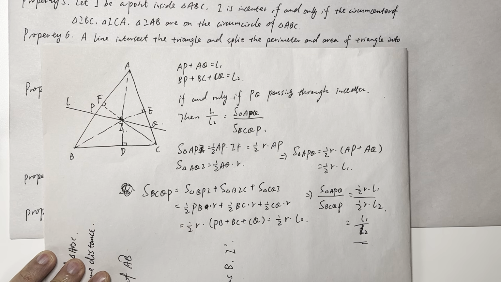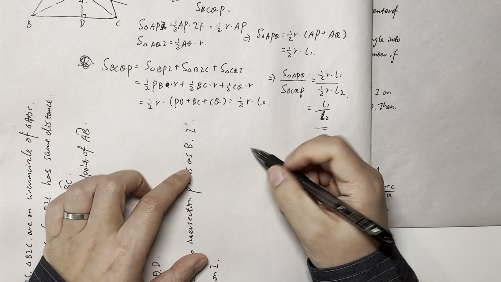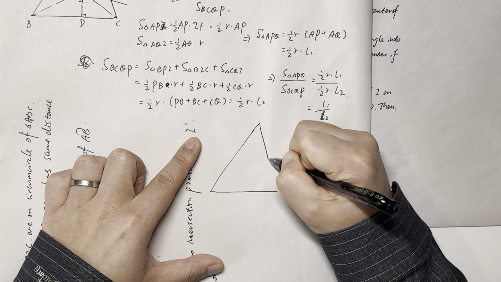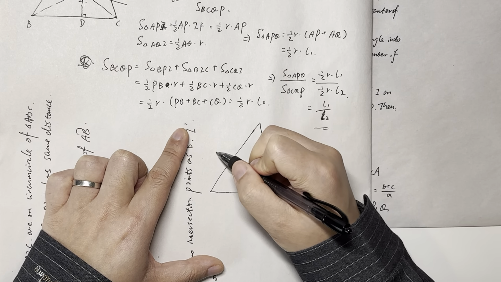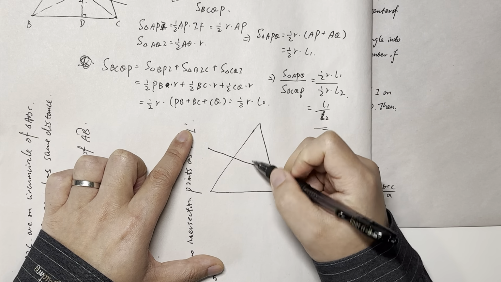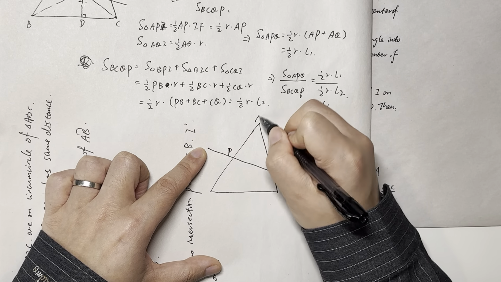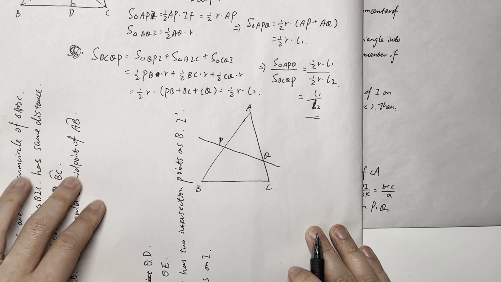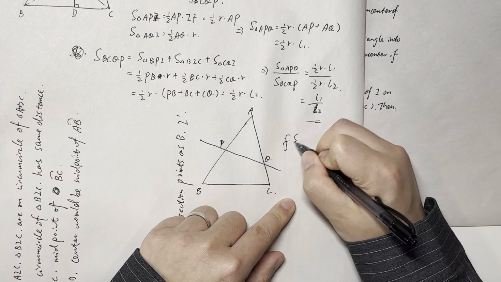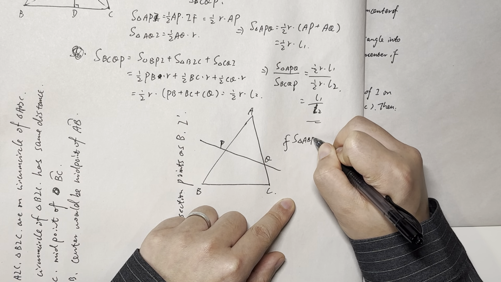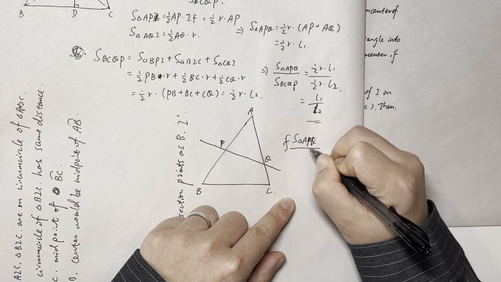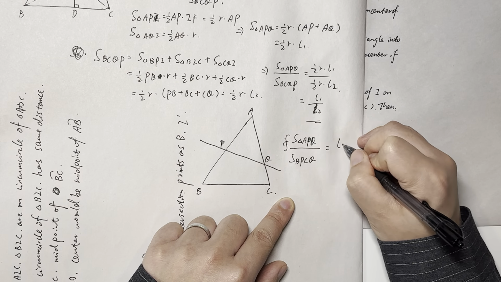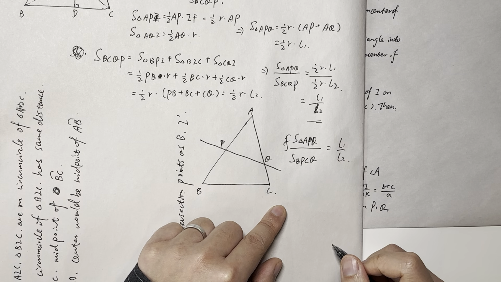We just proved that. So now we want to prove the converse: if the area of APQ to the area of BPCQ equals L1 to L2, right?